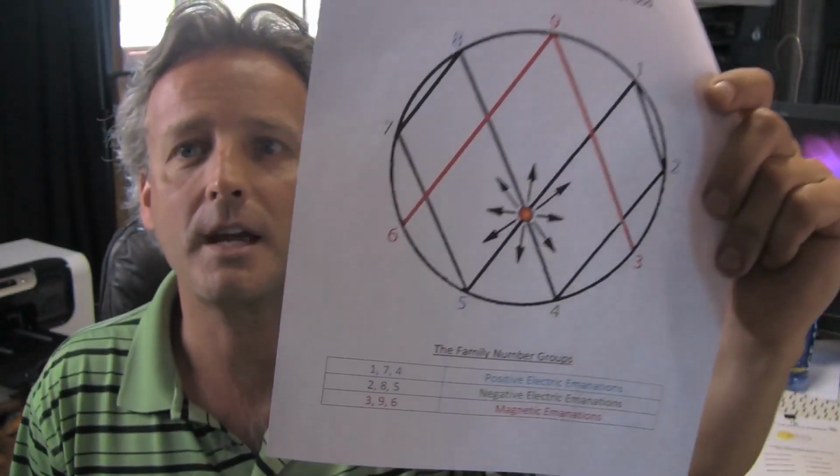So now that we know that these are the same family number groups that Marko came up with, what does that mean? What are the family number groups, and how does it relate to this coil? So now, what we have is a stationary coil, or actually how energy naturally wants to flow. We have two circuits, one here and one here, in and out and in and out, right next to each other.